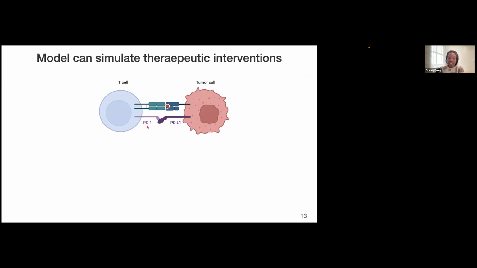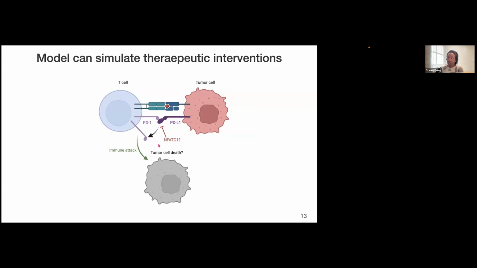And so PD-1 does appear in our gene regulatory network, and actually in the network, it is actively promoted by a gene called NFATC1. And so we thought to inhibit that activation of NFATC1, which would then inhibit the activation of PD-1.